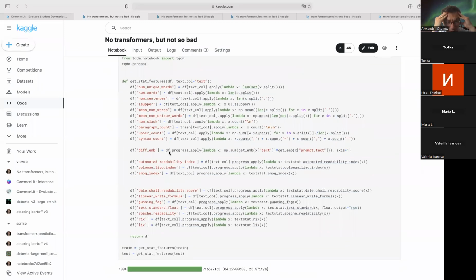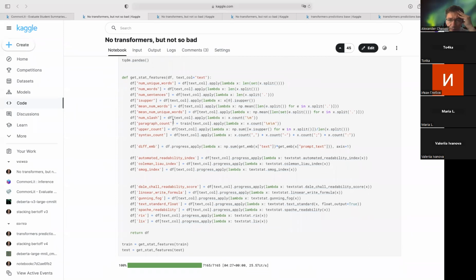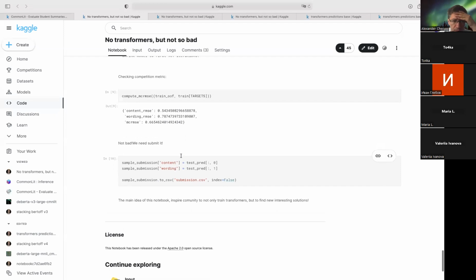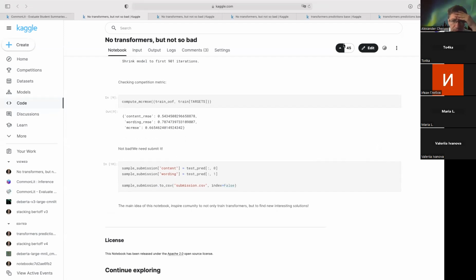Yes. Using this approach, you can get a score better than using small transformer models like DeBERTa small or xsmall DeBERTa. So it's almost similar to training small transformer models. An interesting thing is that in the cross-validation score, the content score has a much lower value than the wording score.